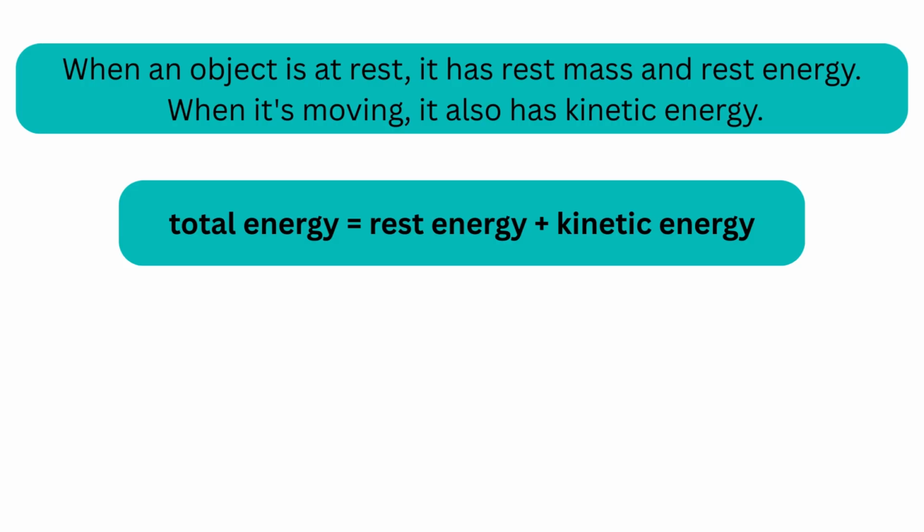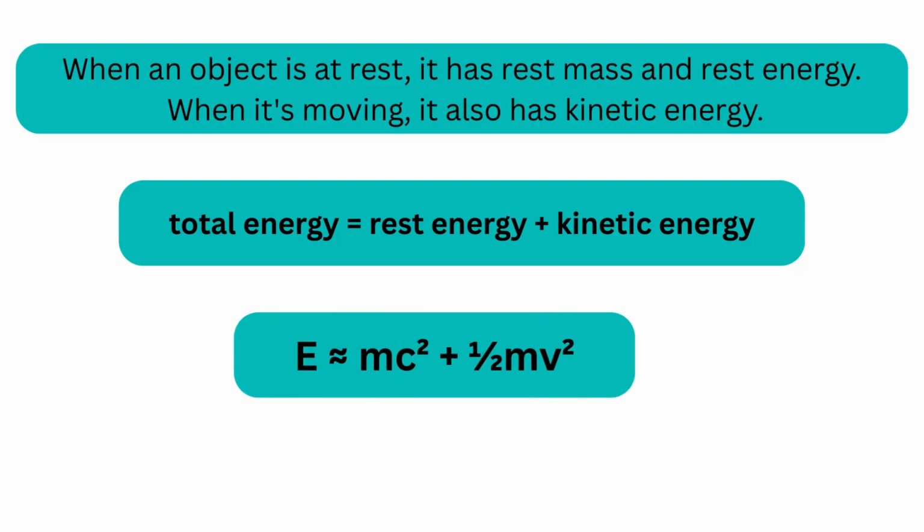Einstein showed that the total energy of a particle moving with small velocity is equal to mc square plus half of mv square. The second part, half of mv square, is the kinetic energy, and the first part is the rest energy, mc square.